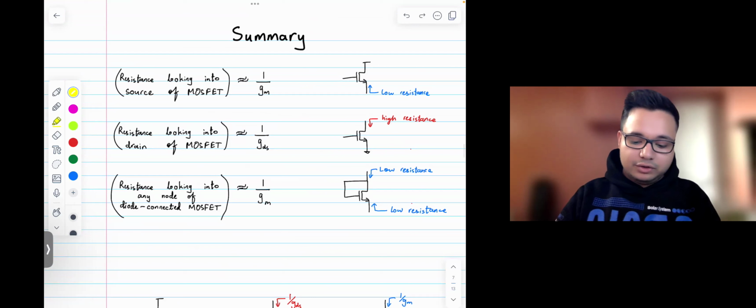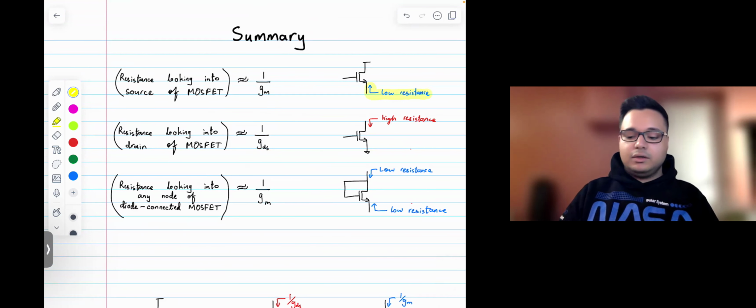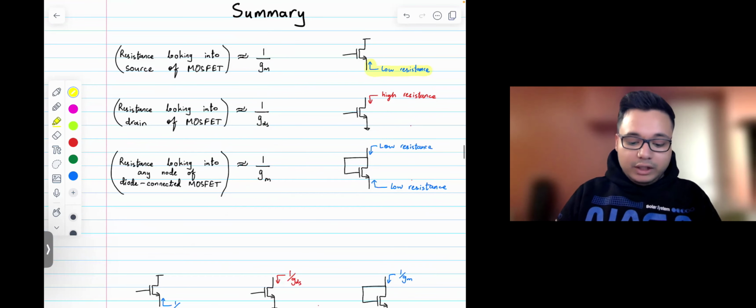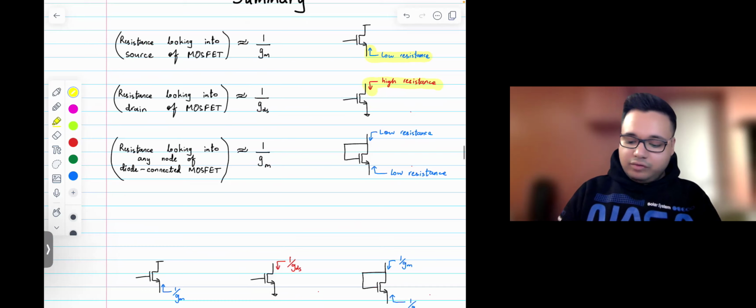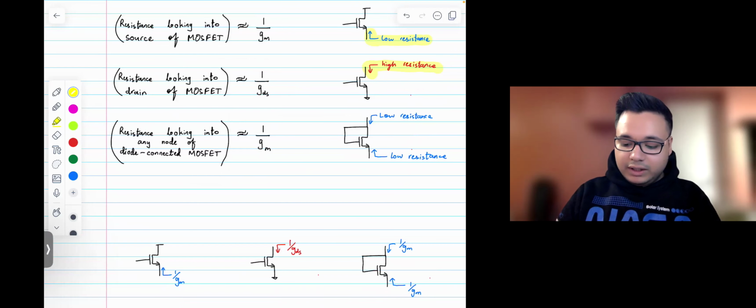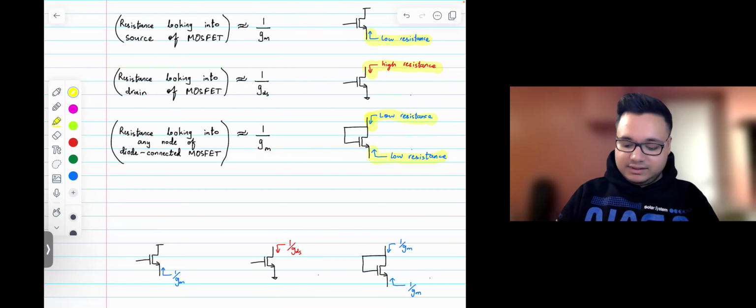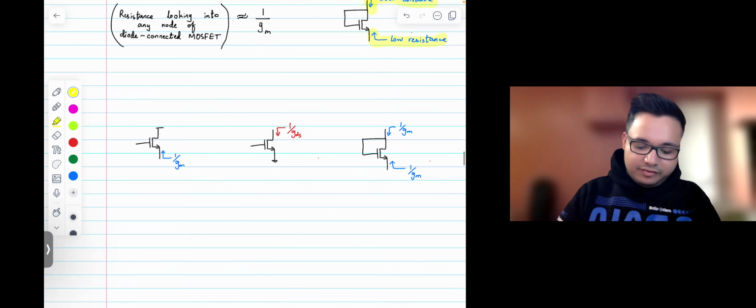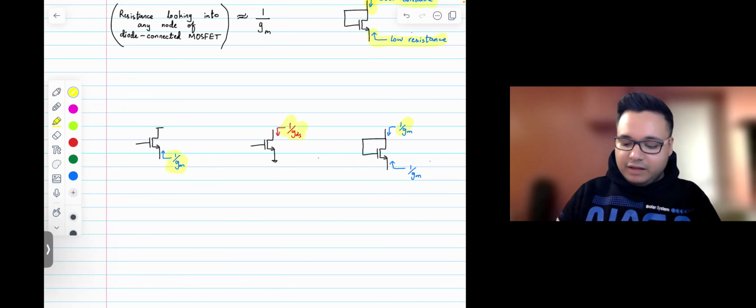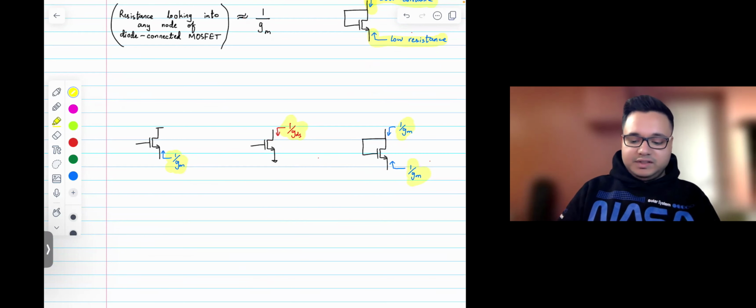Again, resistance looking into the source of a MOSFET is 1 over GM, which means low resistance looking into this node. Looking into the drain is a high resistance. And for a diode connected transistor, looking into any terminal, gate, drain, or source, it's going to be a low resistance, okay? And you can just finish the values over here of the resistance.